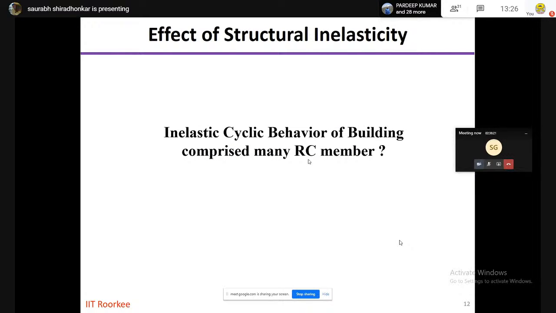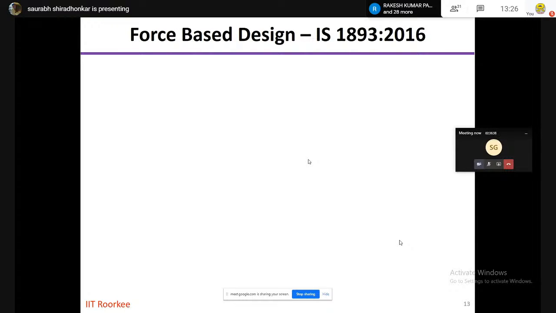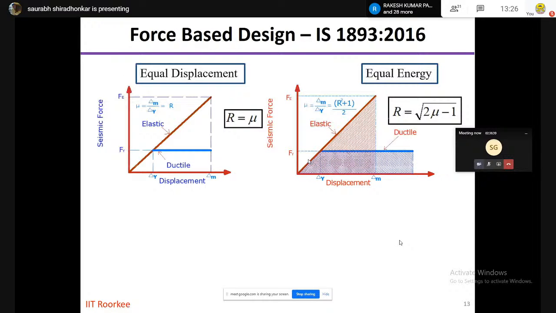Now, even though we understand the inelastic cyclic behavior of the member, how can we use this to obtain the behavior of the entire building? If we understand the behavior of the member, how can we use it to determine the inelastic behavior of the building? To study that, we have a method called pushover analysis, which we will discuss in performance-based design.